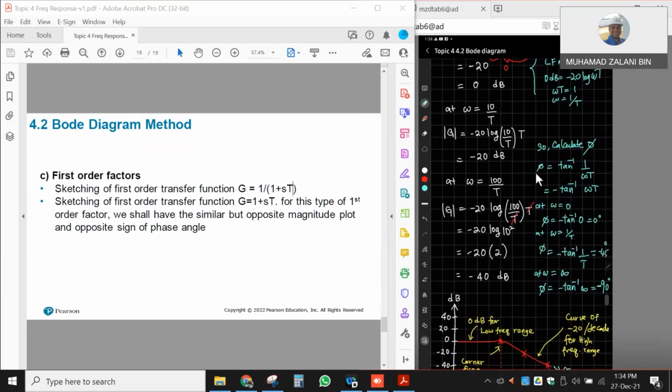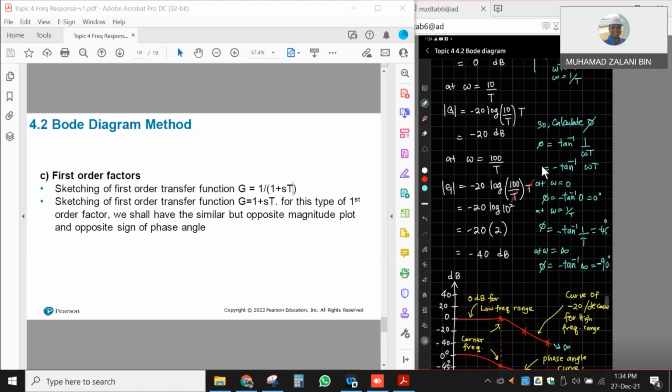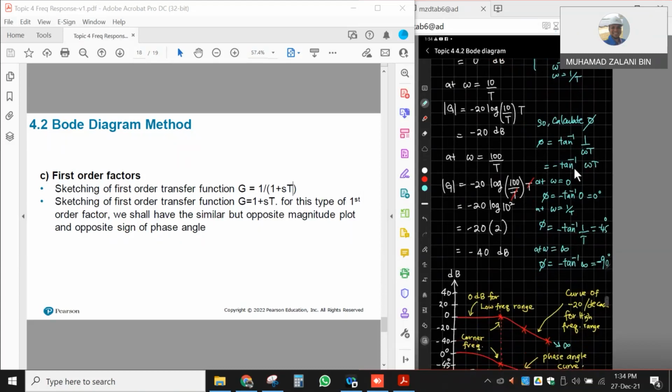Okay, so when we get the corner frequency, then we can find the angles at other frequencies. We start with the corner frequency, the middle one, first. Then we find the angles at the lower frequency range, and also at the higher frequency range. So we start by calculating phi for the lower frequency one.